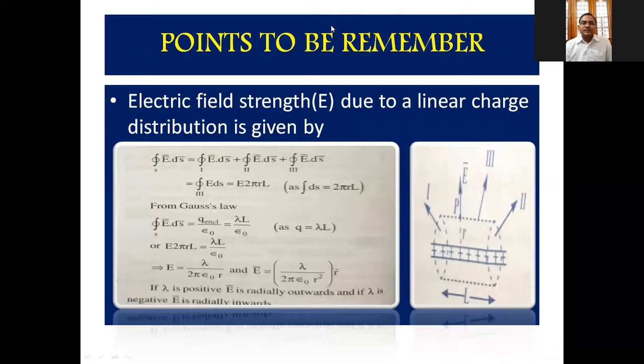After that, you should remember this point also. The electric field strength due to a linear charge distribution, at the perpendicular distance r from a uniformly charged infinite length wire, is E equals lambda by 2 pi epsilon naught r.